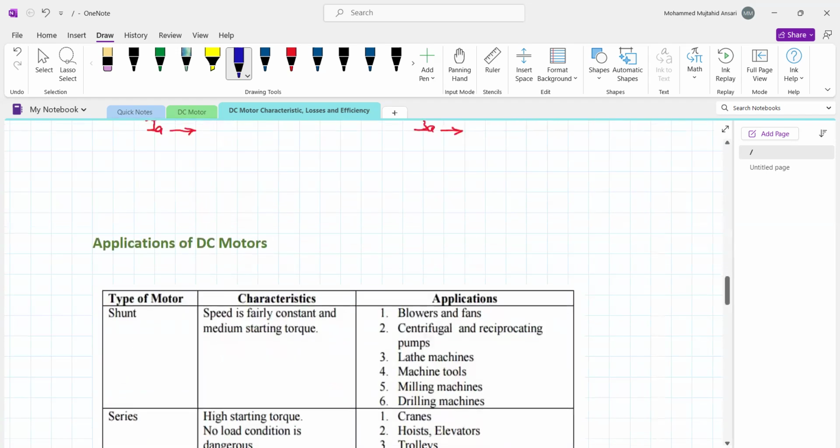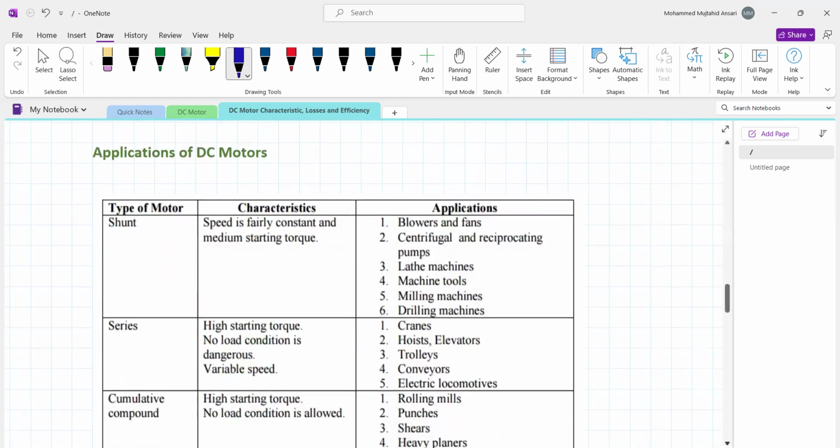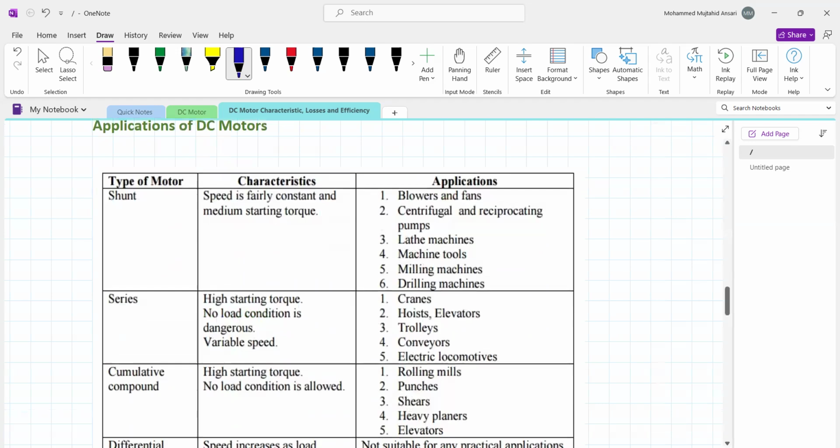Now, based on this characteristic, we will summarize the characteristic versus some application. Type of motor is a DC shunt motor. Speed is fairly constant and medium starting torque. The DC shunt motor does not provide high starting torque.